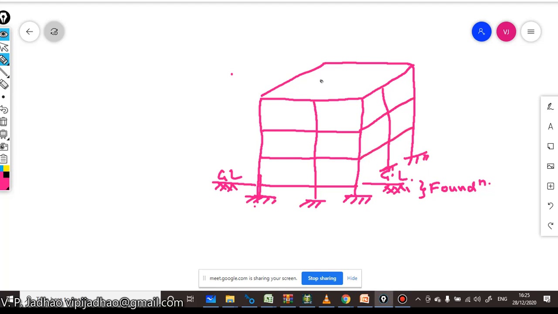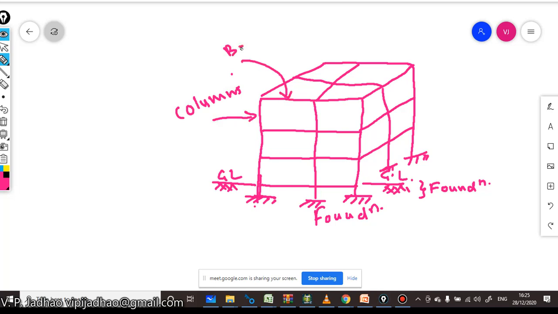So we have different components: the first component is your foundation, which will be underground. Then we have columns like this, then we have beams, then we have slabs, which are shown by these hatches. So these are the main structural components of your building.